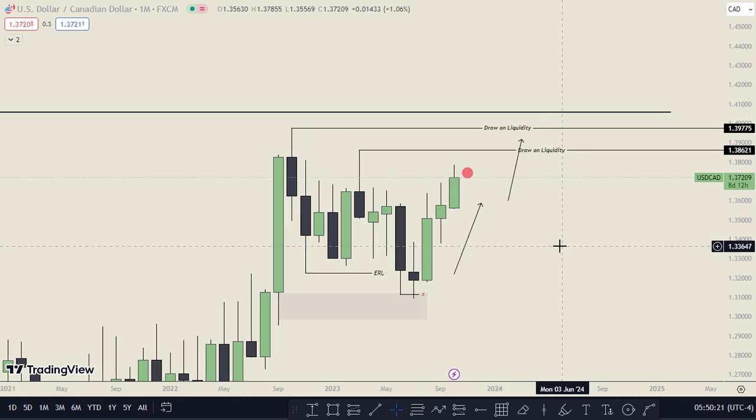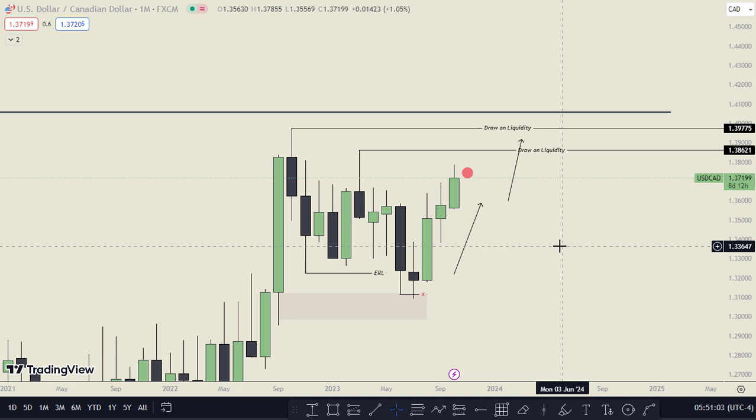But when you have 5 pairs or 6 pairs on your watch list, and let's say, for example, 3 of them are going to the downside on the higher time frame, and 2 of them are bullish on the higher time frame, and you're going to take only longs on the bullish higher time frame and shorts on the bearish higher time frame, then you will have such a high win rate, and you will get in and get out in a matter of minutes.